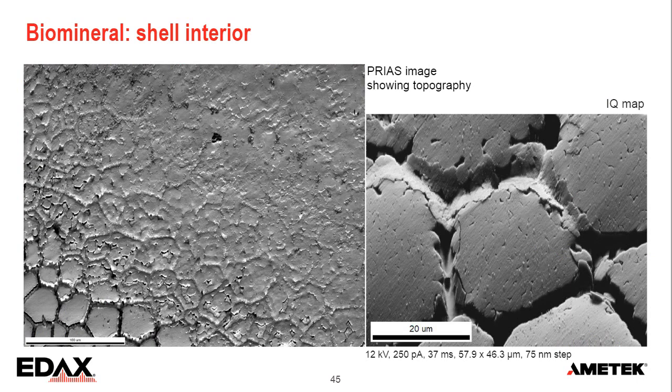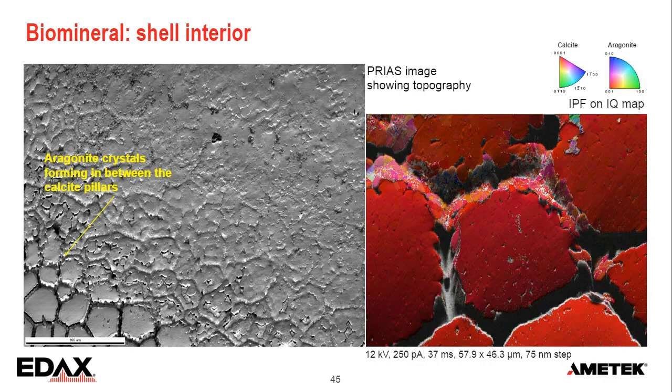It's a Prius bottom image. And you can just see where the aragonite starts growing in between the calcite pillars. You can actually still see the pillars underneath the initial aragonite layer before it's completely covered by the larger platelets.